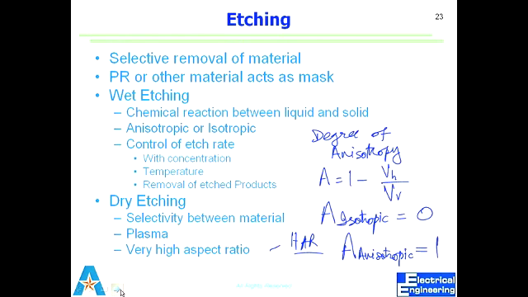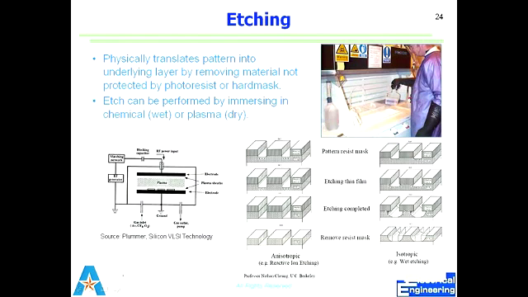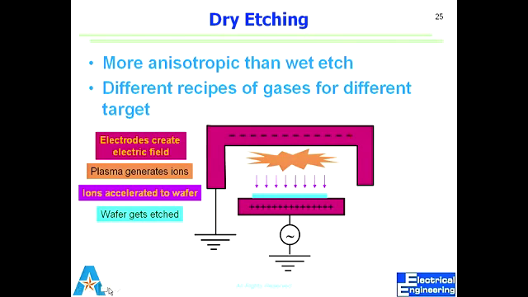V is for vertical. We want vertical to be really big, so the number is closer to 0. Any questions?